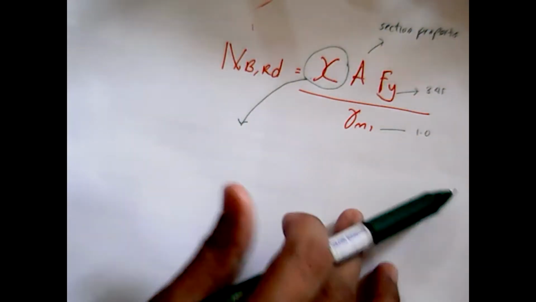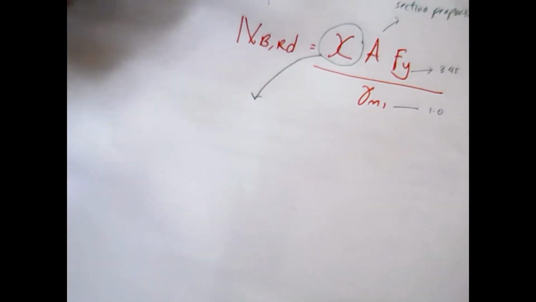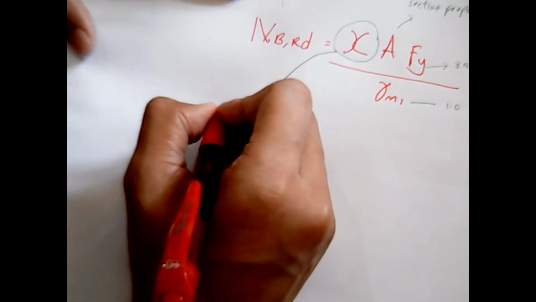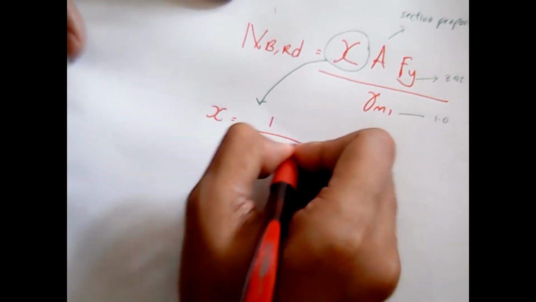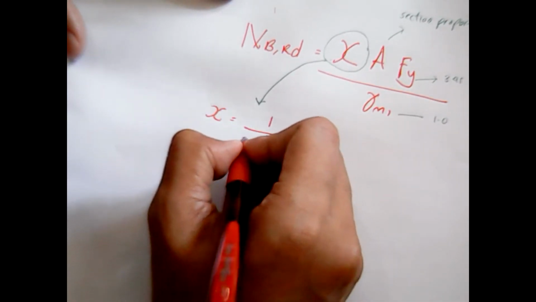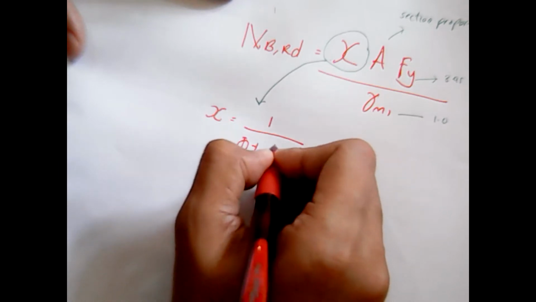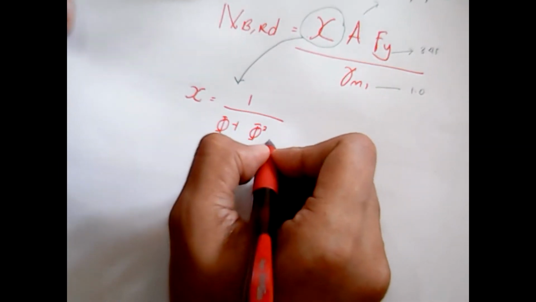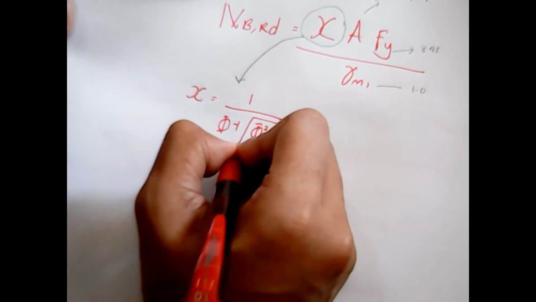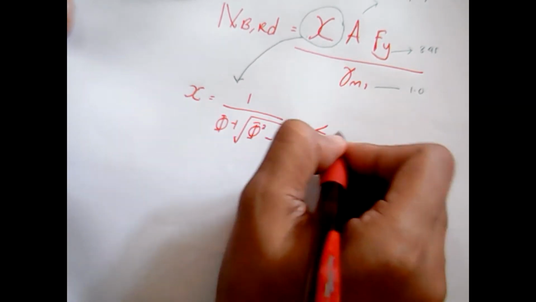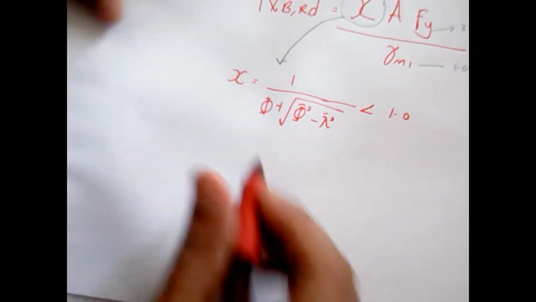So I will write here that your reduction factor is given as 1 over phi plus the square root of phi squared minus lambda bar squared, and must be less than or equal to 1.